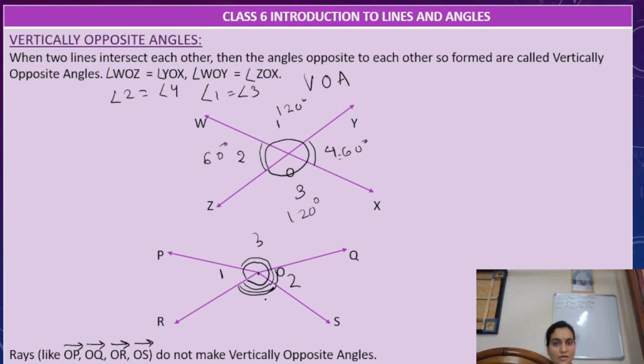Similarly, angle 3 is not equal to angle 4. So two straight lines have to intersect, they have to cut each other, to form vertically opposite angles. Rays do not make vertically opposite angles. Okay, so let's understand all these concepts clearly before we move ahead and understand parallel lines and transversals and all those things.